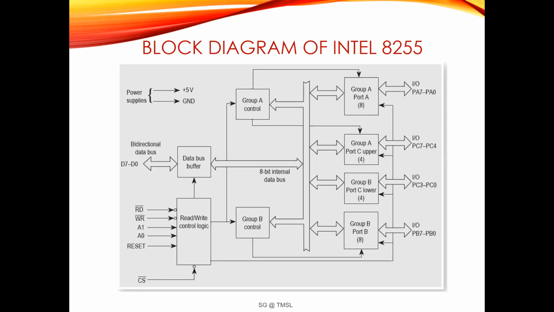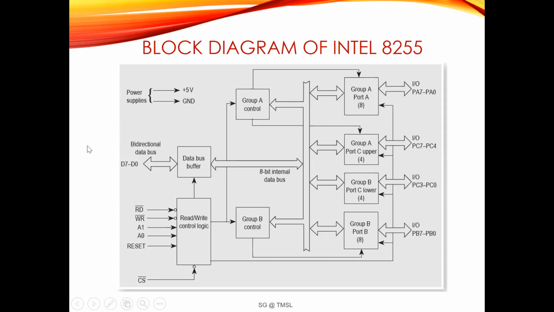Here in this block diagram you can see the data buses. Assume here is your microprocessor on the extreme left hand side, and these are the connections that can be made to connect that 8085 microprocessor.